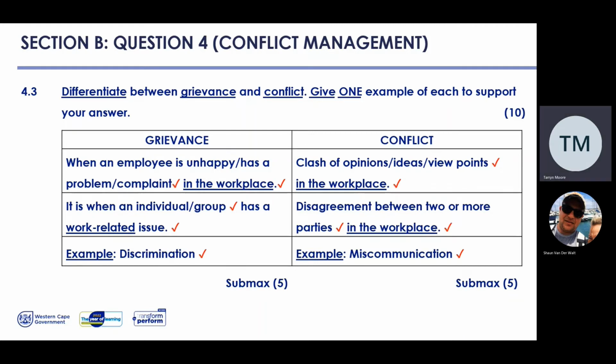A mark for each example gives you a sub-max for grievance and a sub-max for conflict. 5 marks each gives us a total of 10. I remind you, you need to link grievance with conflict, conflict with grievance, like for like, to create the link. And it becomes very important that a clear distinction is made between the meanings.